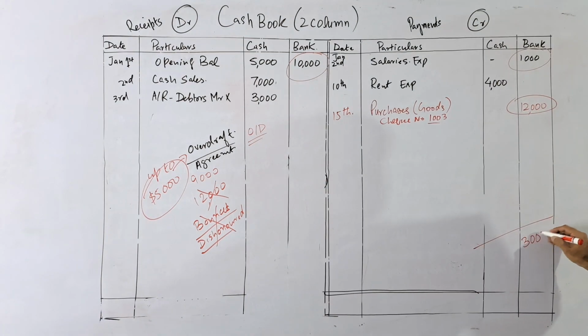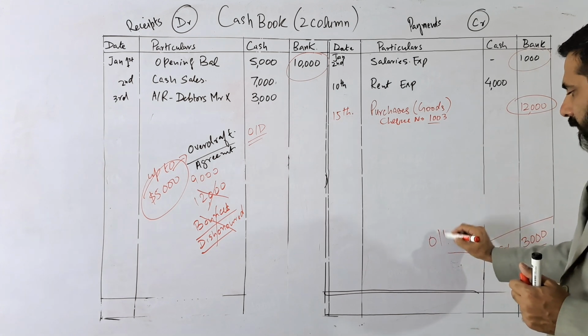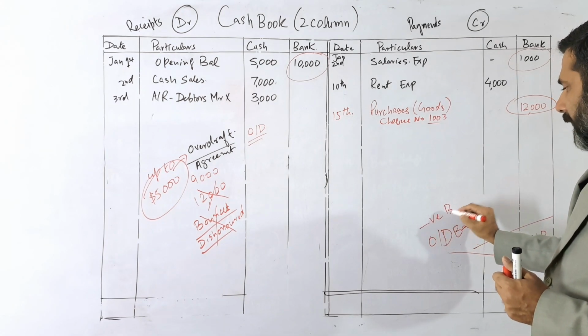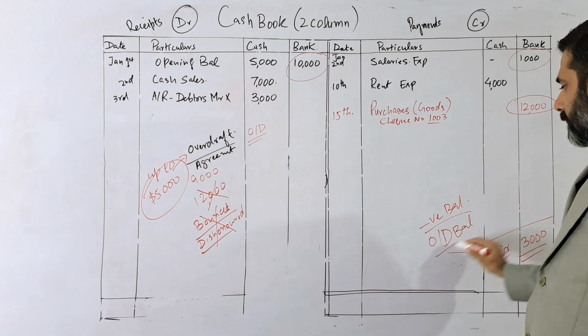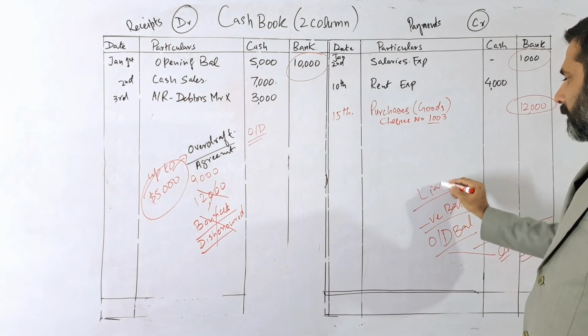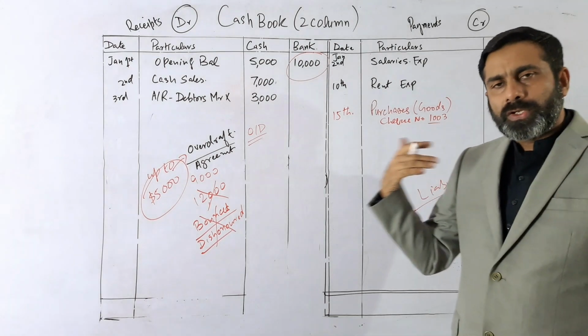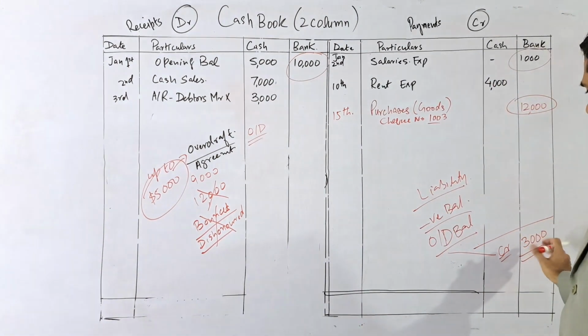It will be $3,000 as the credit balance, or simply you can say it is the overdraft balance, or we can call it the negative balance, or we can call it the liability, because you have to pay the bank that extra 3,000.